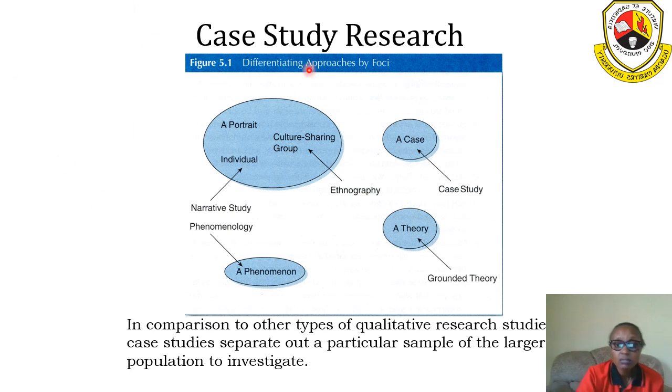So in a case study approach, you have an individual's narration about a particular phenomenon. You may have a culture sharing group, or where you observe particular participants. If it's within an organization, you'd observe how a particular department is affected by a business process or an application. So this involves direct observation, and then you paint a portrait of what is happening.